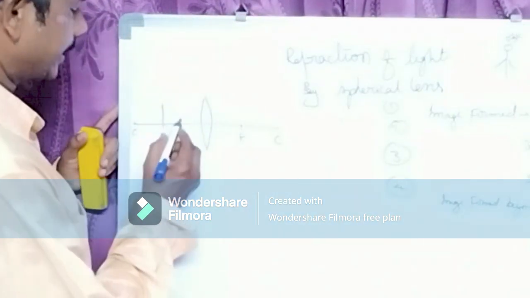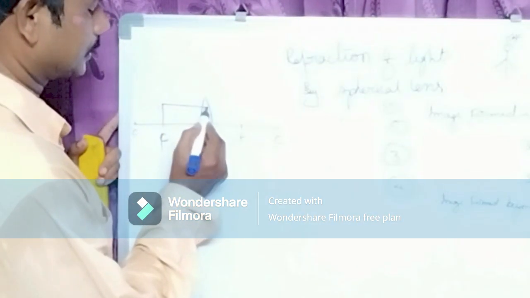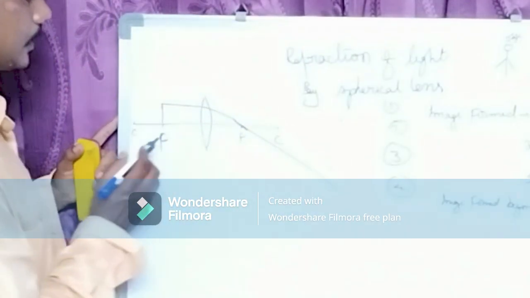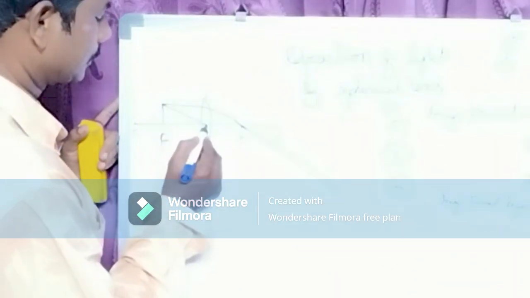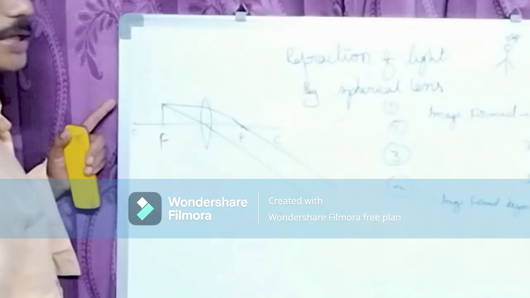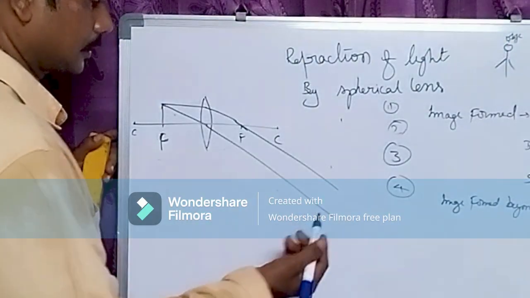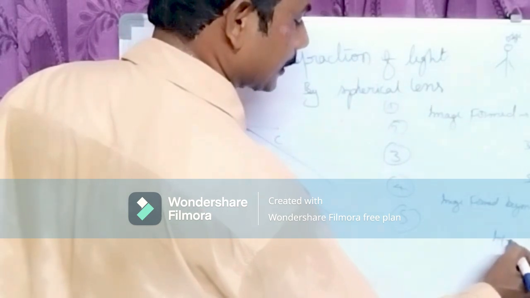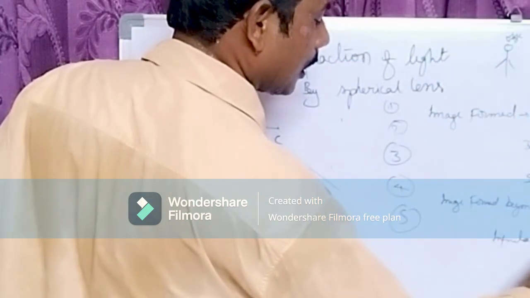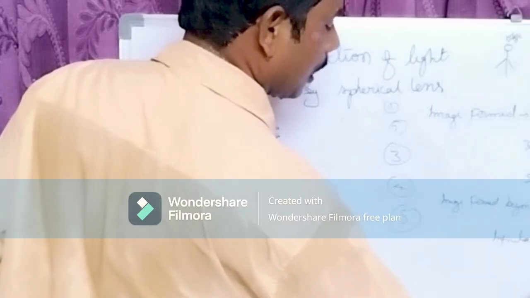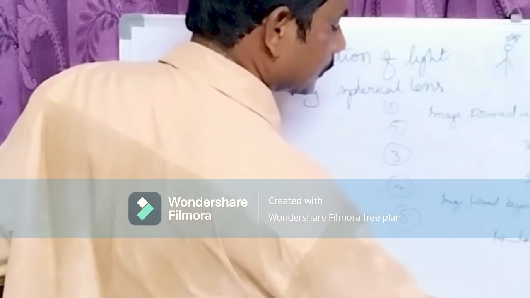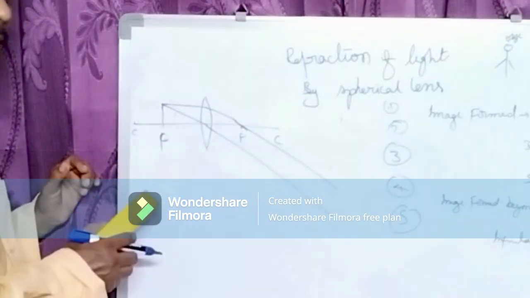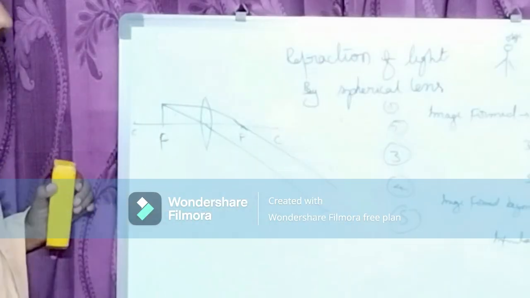In this case, the image will be at infinity. The image forms at infinity, highly enlarged and inverted. What happens when the object is at F? The image forms at infinity.